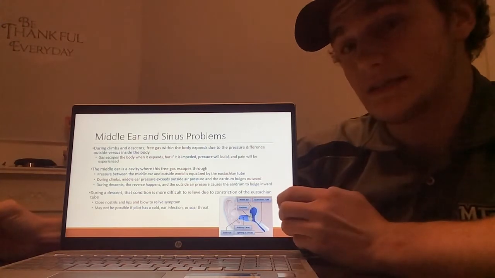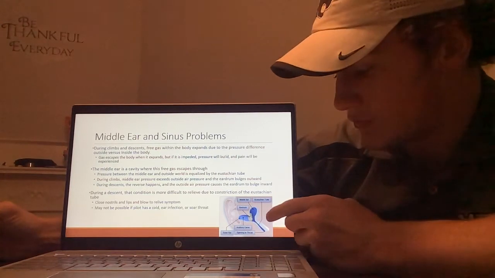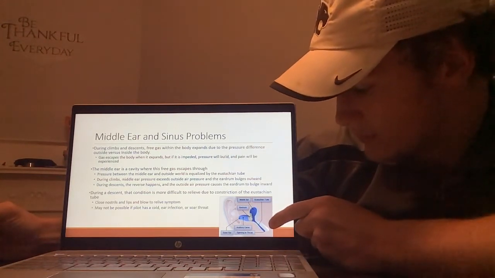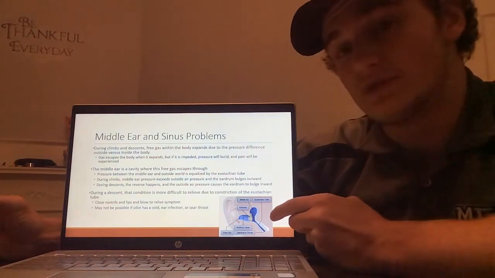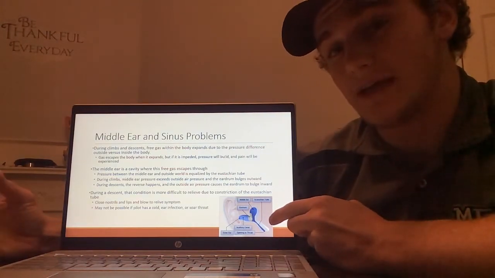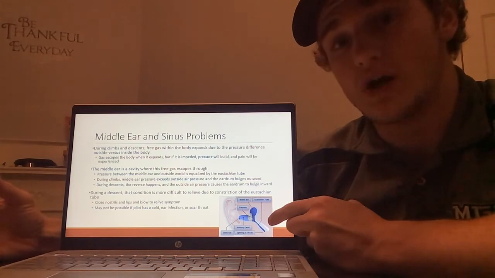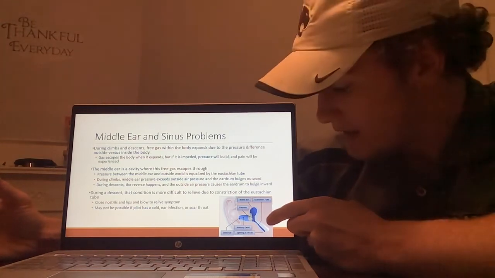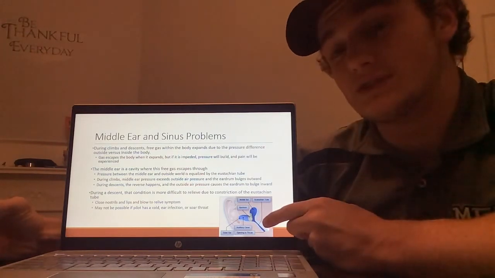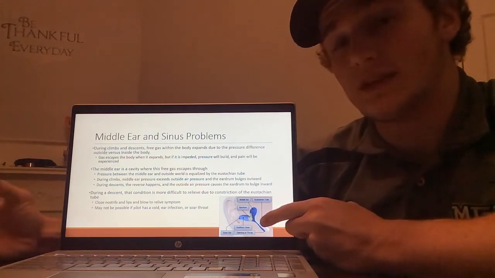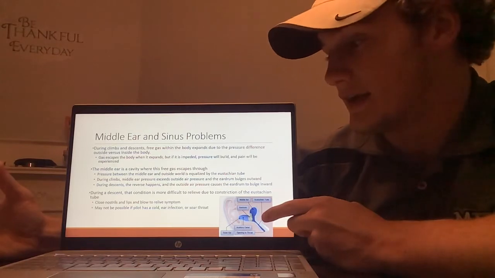How this is usually fixed is through the eustachian tube. The eustachian tube will expand when you yawn or chew food, which equalizes the pressure between the outside and inside ear.